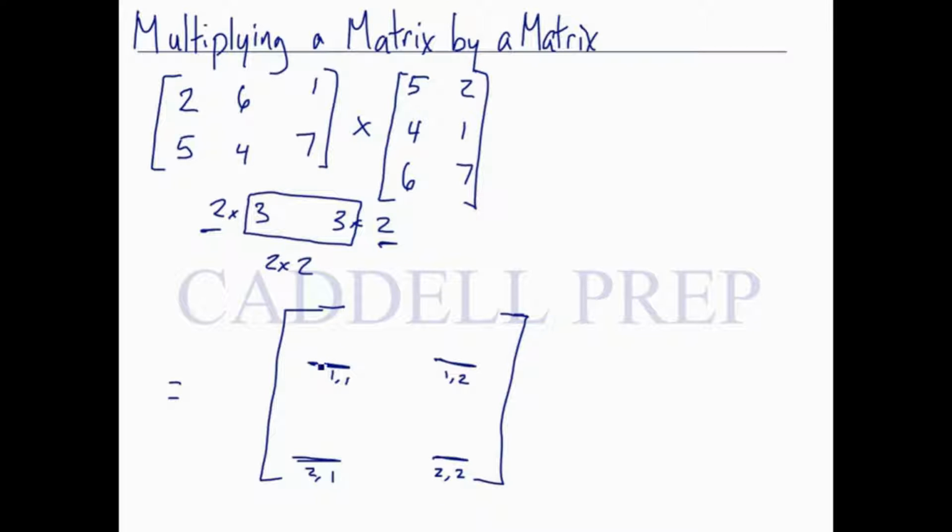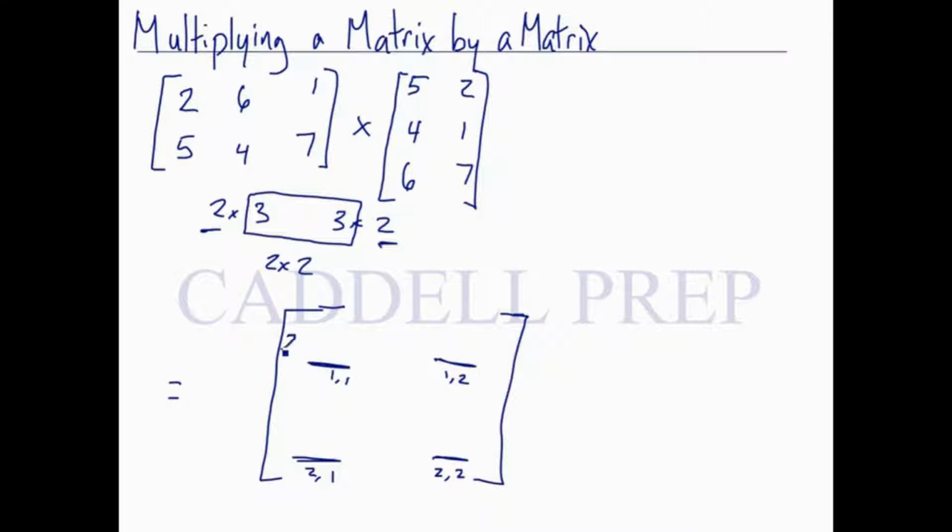To get what goes in this location, we're going to multiply the first row by the first column. Okay, so how do we do that? Well, we're going to multiply corresponding parts together. So this is the first element in the first row. This is the first element in the first column, so we multiply those together.